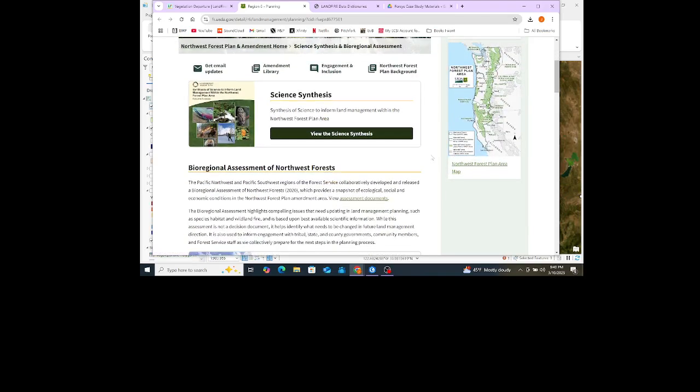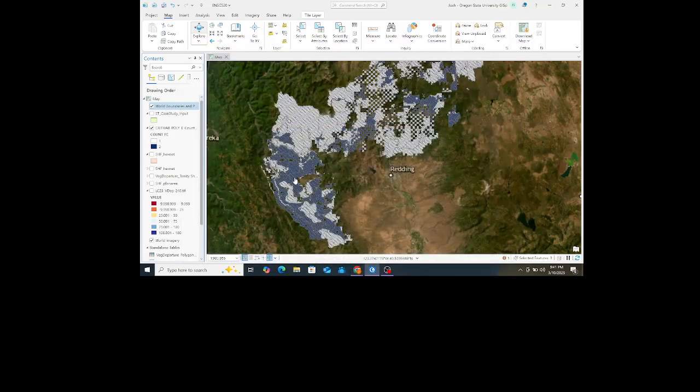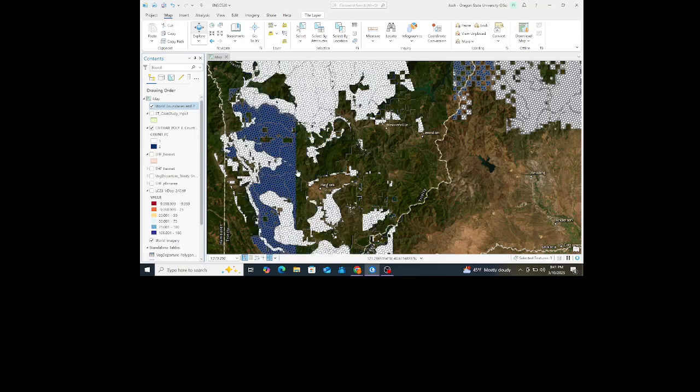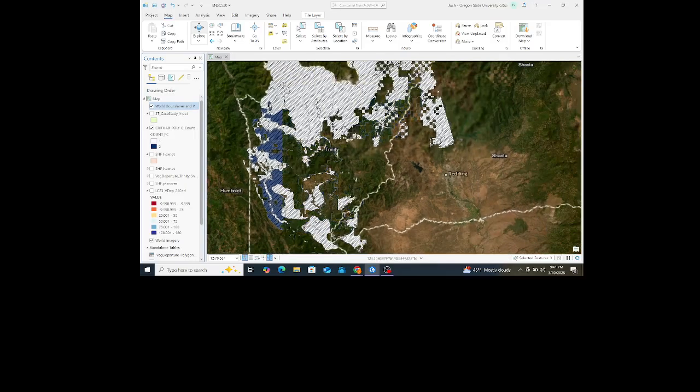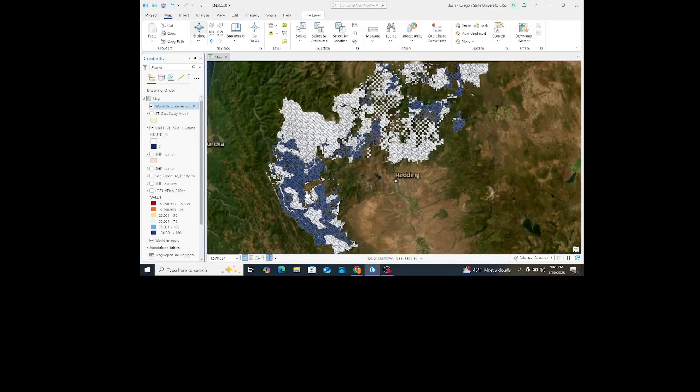And this is the critical habitat designations for any species protected under the Endangered Species Act. And so we can see here that these dark treatment stands are areas that are designated as critical habitat for an ESA species, and the white ones are areas that aren't designated as critical habitat. And for our planning area, it turned out that the only critical habitat designation was for northern spotted owl.